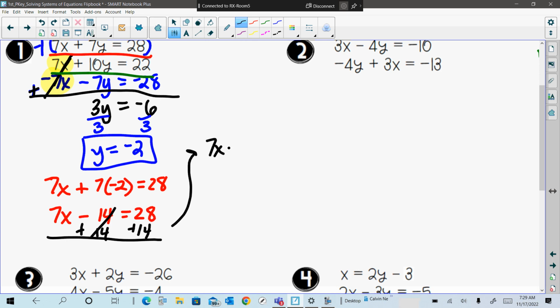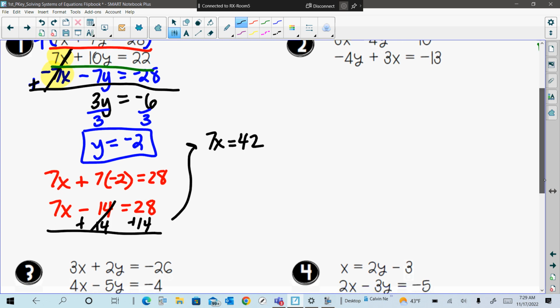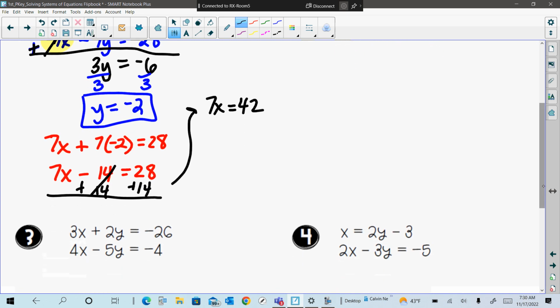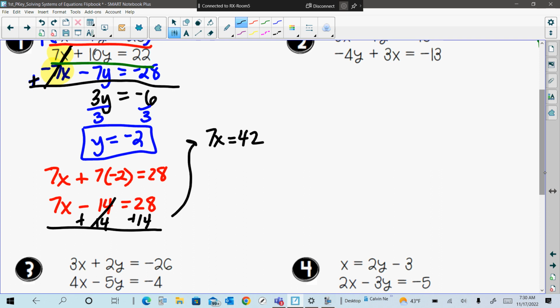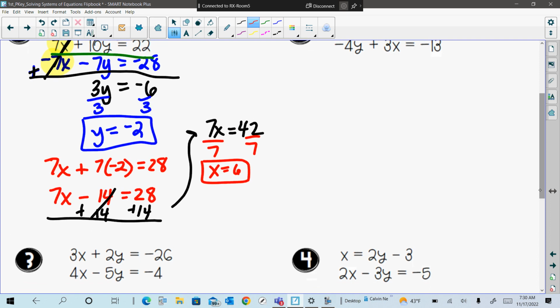So that gives me 7x equals 42. And then if you divide by 7, your x is 6. So your ordered pair, your solution, would be 6, -2.